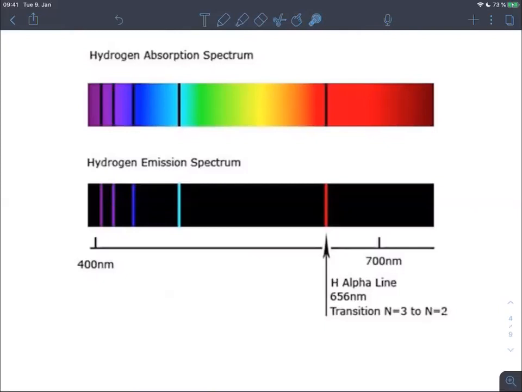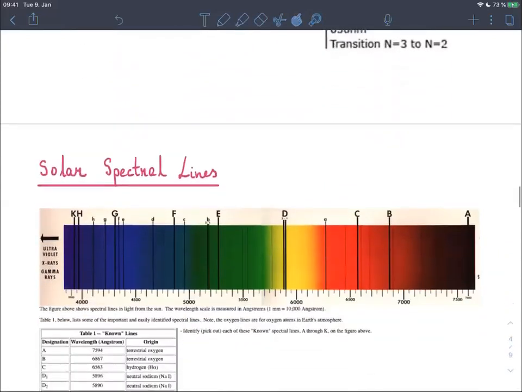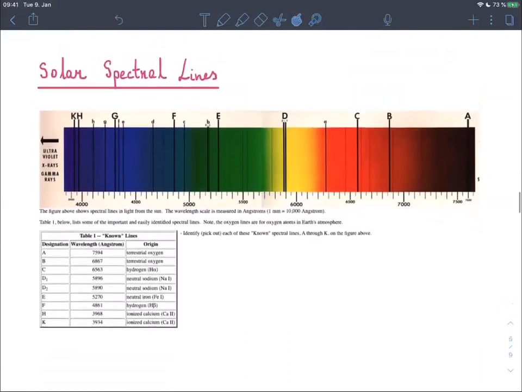For instance, if we were to analyze carefully the light we receive from the sun, we would find a lot of missing colors due to gases present both in the sun's as well as in Earth's atmosphere. Of course, you don't need to know by heart any of these details.